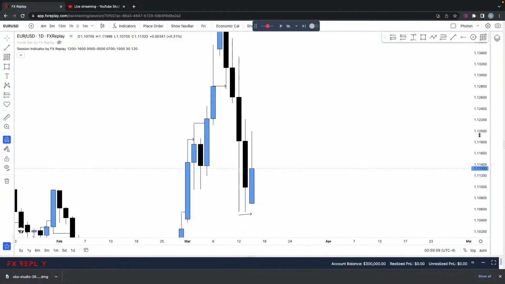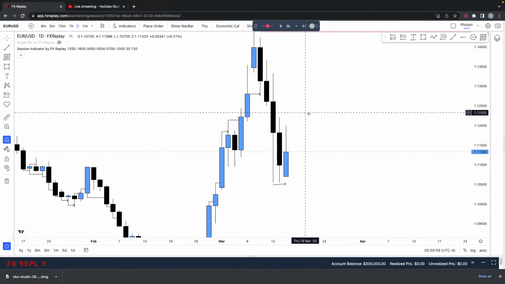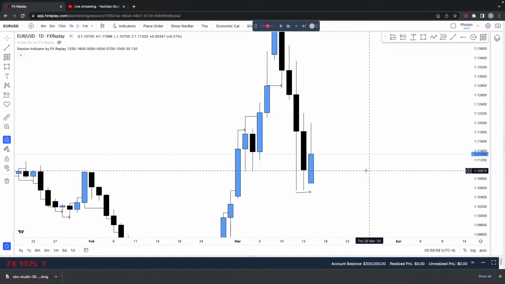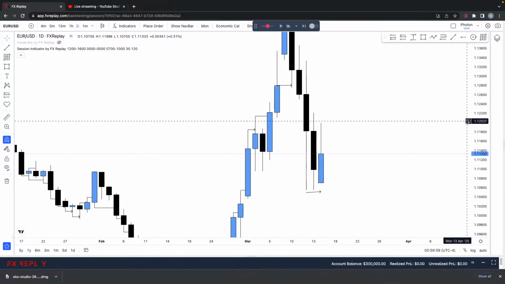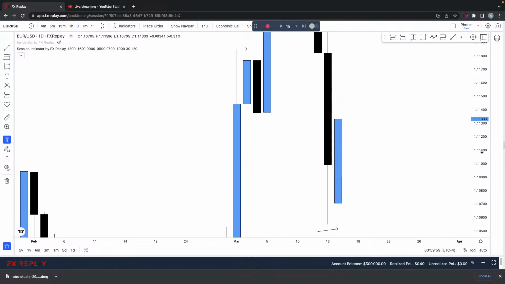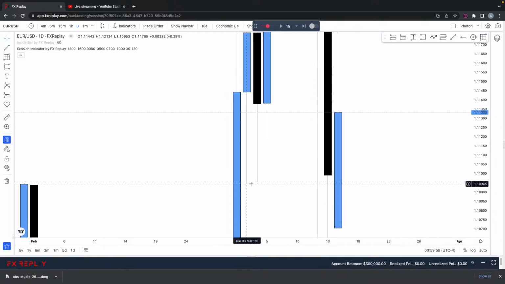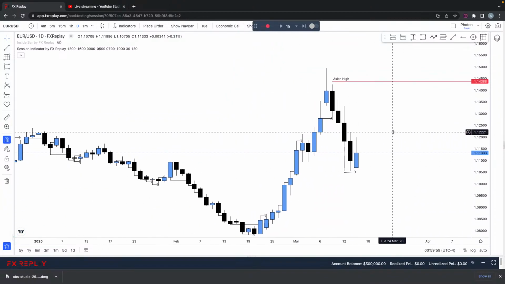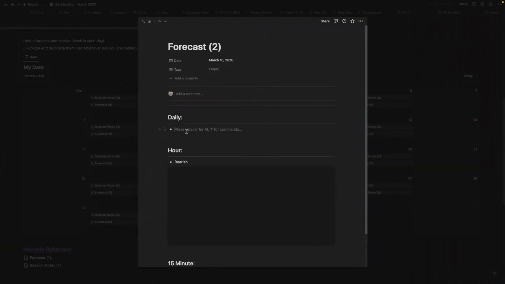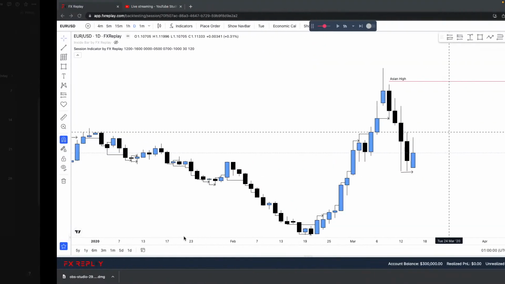Now this is where my backtesting and my daily analysis comes into play. If we've closed below this last bearish candle, then I'm going to switch to bearish. Now let's see. No, as you can see, this is the wick of this last bearish candle, and we've wicked it. So all we're doing is sweeping liquidity on the daily. So my daily is still bullish. So it's still conflicting biases between my two new methods.